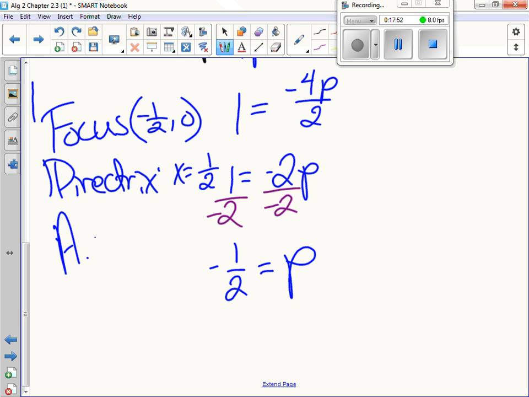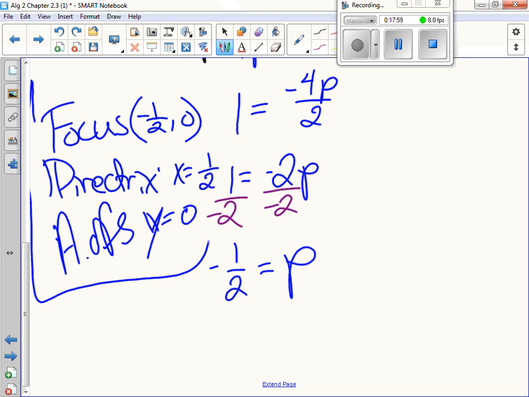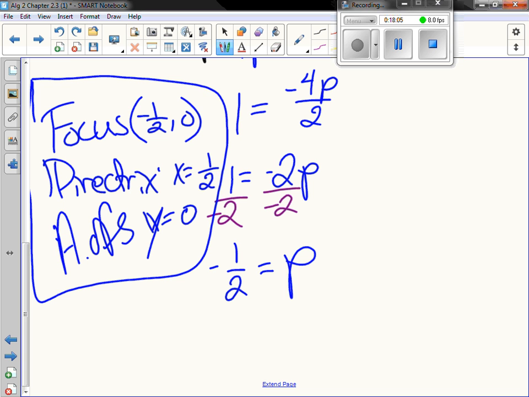And we have that the axis of symmetry is y equals 0. That's it. That's all we have to do here. So I rewrote them down there. You can fill in the values of p. And that's all we have to do for these.